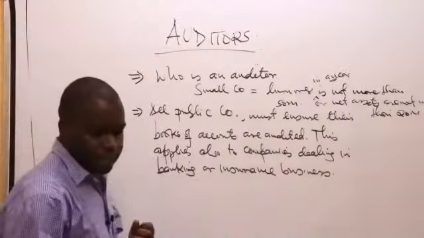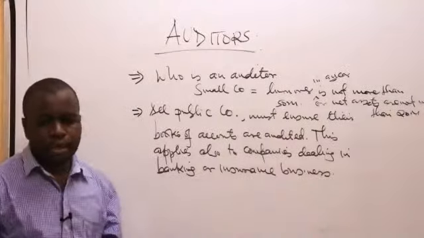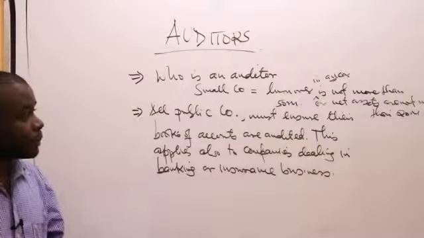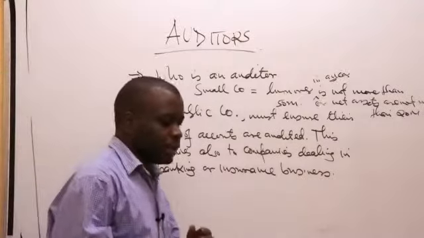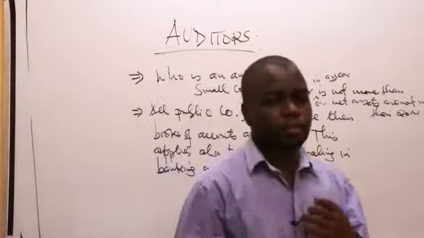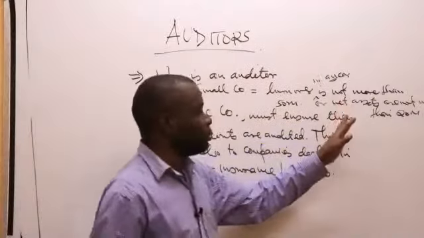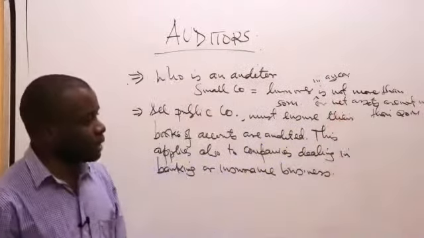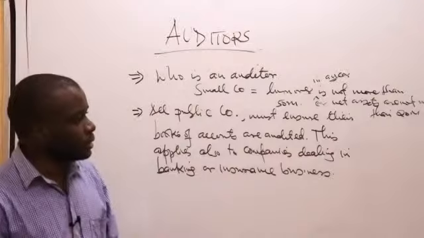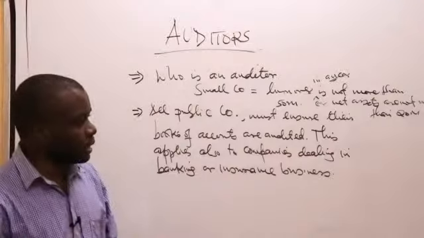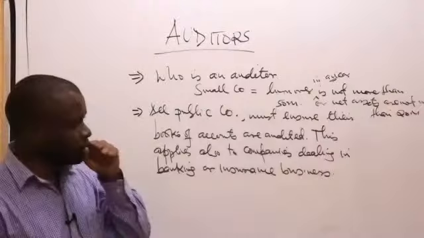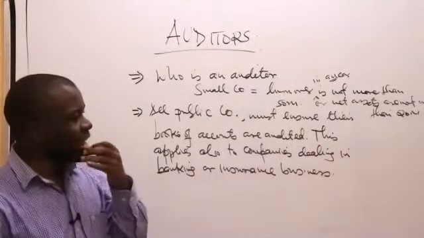So if its turnover is not more than 50 million shillings in a year, turnover meaning your sales do not exceed 50 million, or your net assets are not more than 20 million, then you will be categorized as a small company.